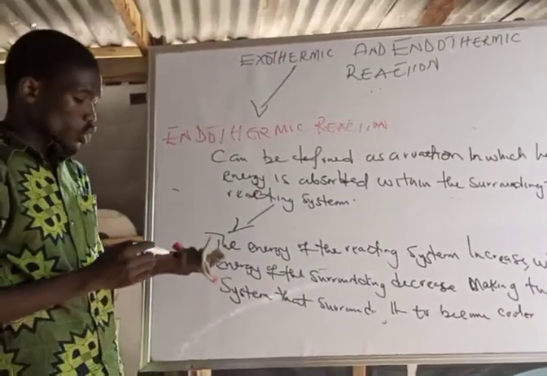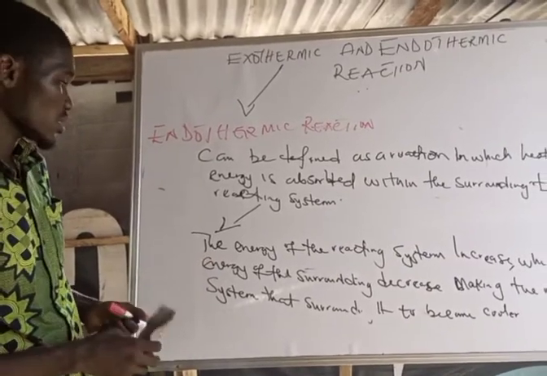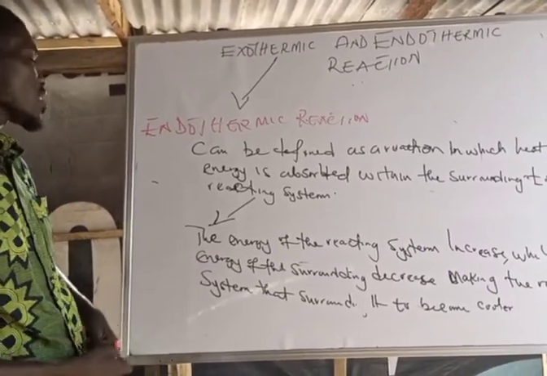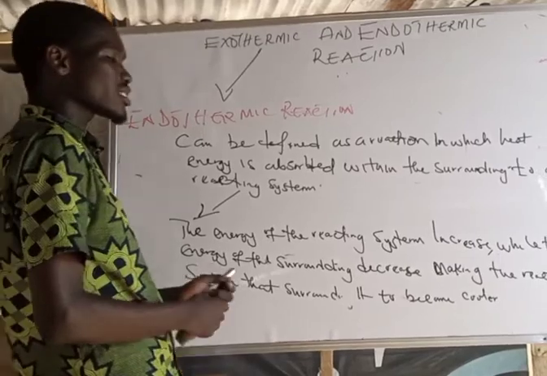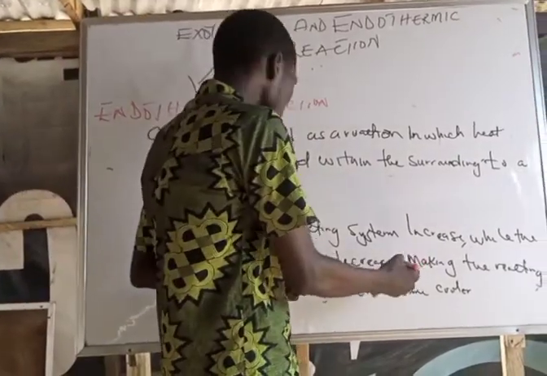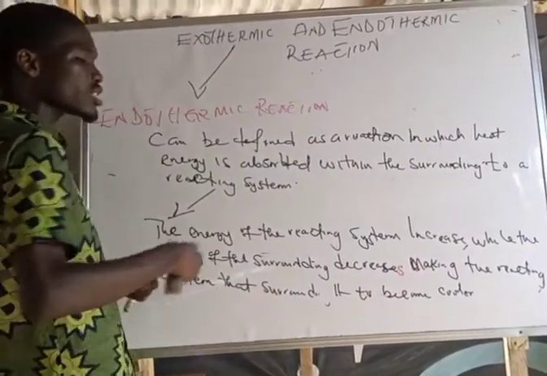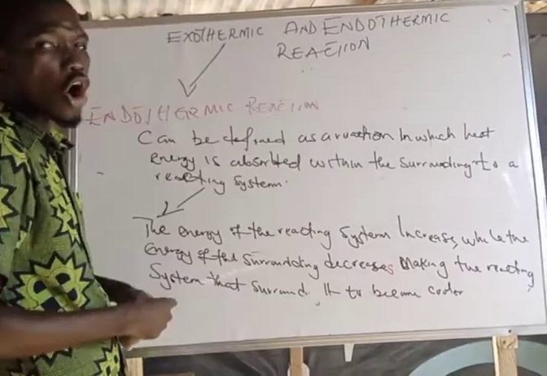Are you getting it now? So how do we explain this? The energy of the reacting system increases while the energy of the surrounding decreases, making the surrounding become cooler or colder.